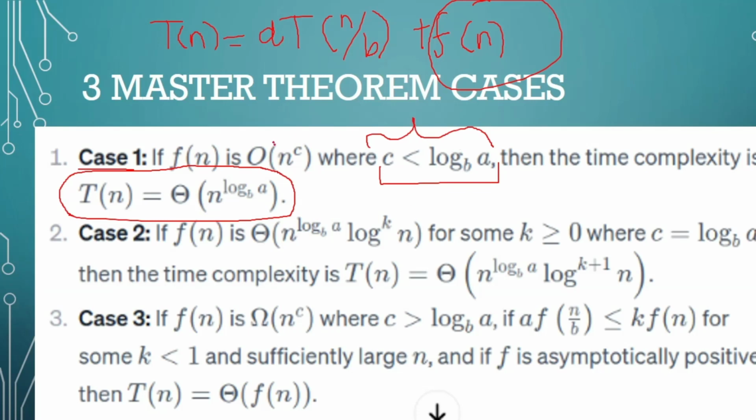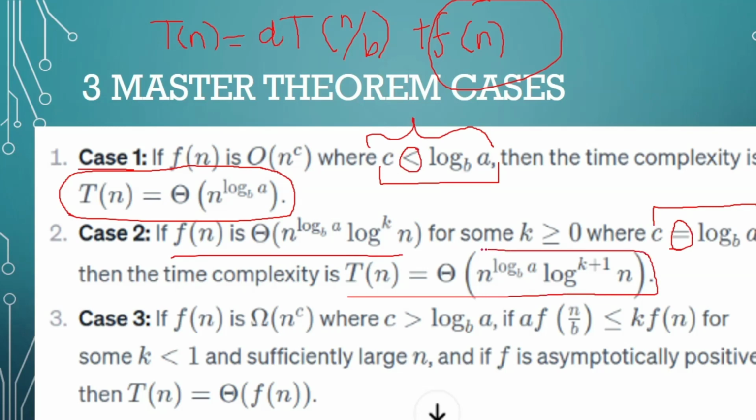So for case 2, here we're having if f(n) is this, whereby c this time equals, here it was less than, then we'll have a time complexity of this form. And finally, in the third one, whereby c is greater than, then we're going to be having a time complexity of this form.